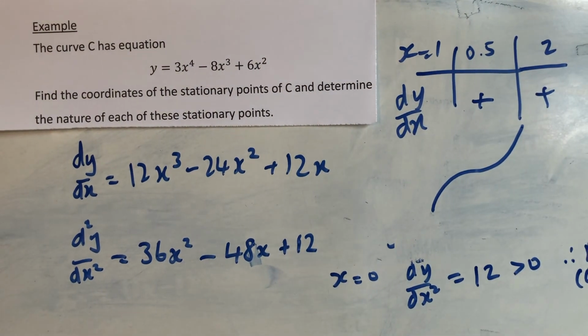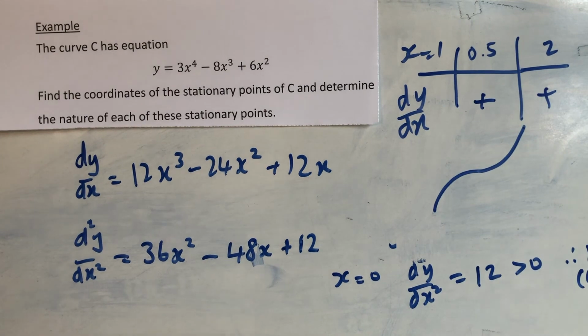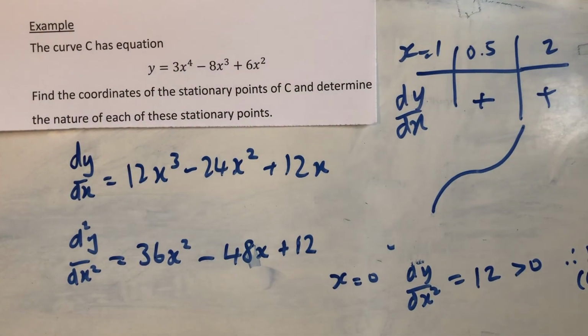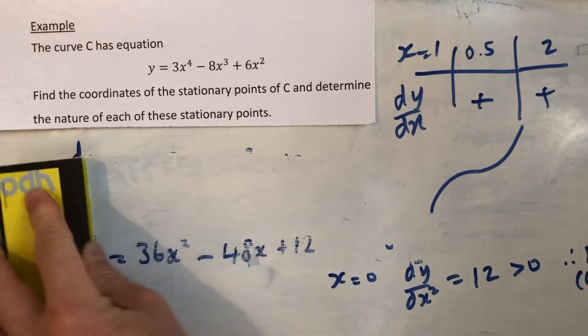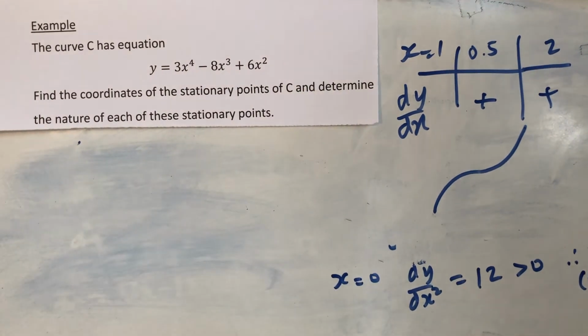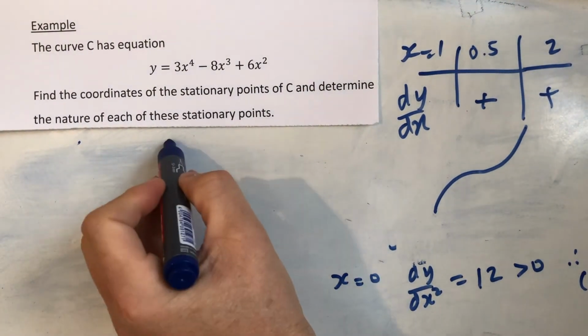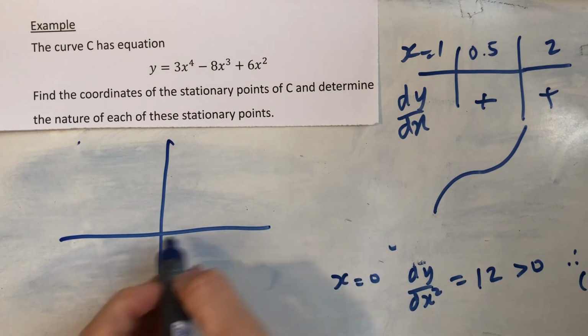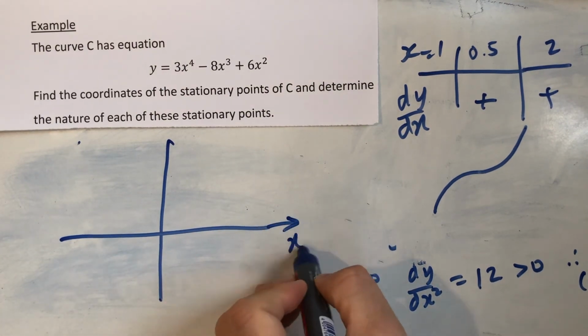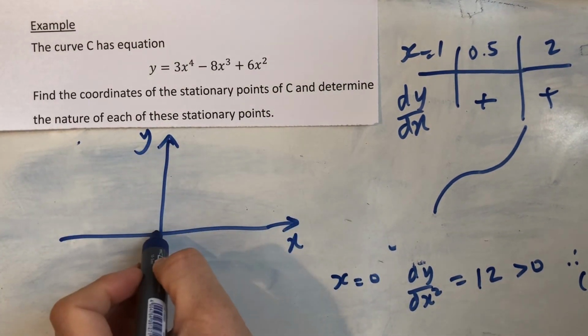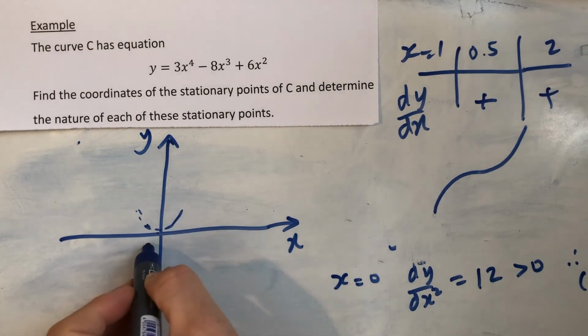Now if I put the two results together, it isn't asked, but I will draw the graph. At 0, 0, we know that it goes like that.